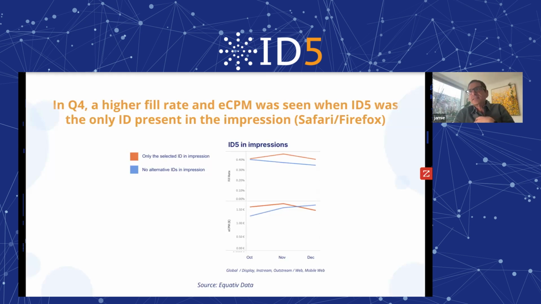IDs exist in the bidstream, but you don't buy the ID. You always buy the ID as a function of its place in an audience segment. We don't have any view into what audiences are being used and what identifiers are triggering the bid. So to zoom in on the performance of one ID, we have to exclude all the others, which creates a limited sample set, which can create some randomness and some variability.